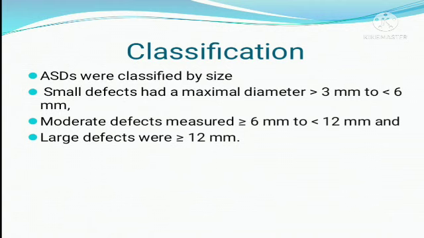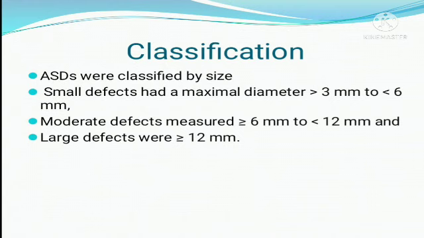If the size of the ASD is more than 12 mm, it is considered a large defect. The mixing of blood depends upon the size of the defect. The larger the defect, the more mixing of blood happens, and more symptoms may come.